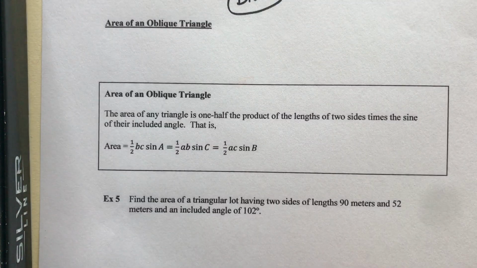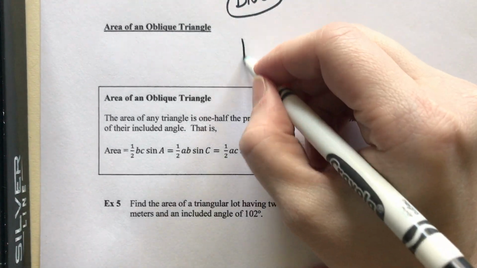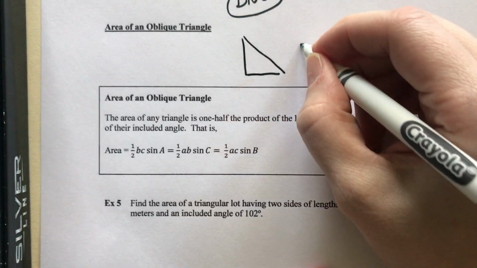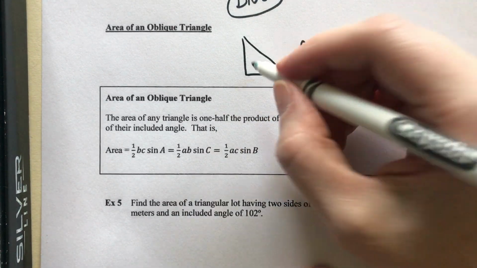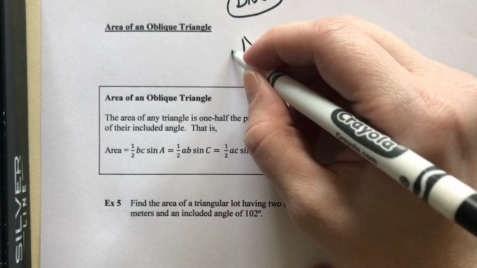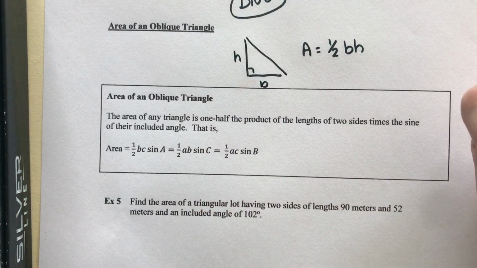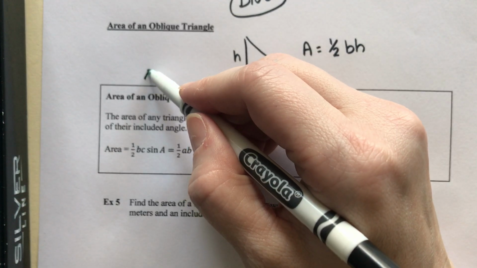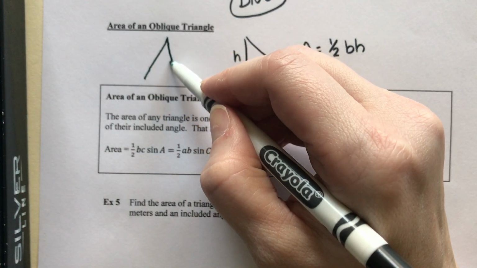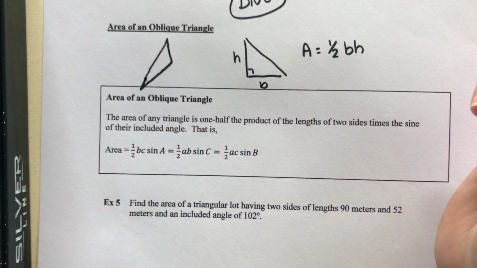Okay, another formula we're going to talk about today is finding a formula for an area of an oblique triangle. Now, normally, if you have a right triangle, we know the formula is 1/2 base times height. And it's easy on a right triangle because here's the base and here's the height, and you just solve it. But on an oblique triangle, maybe you have a scalene triangle like this.